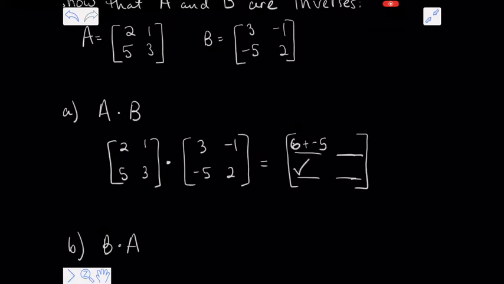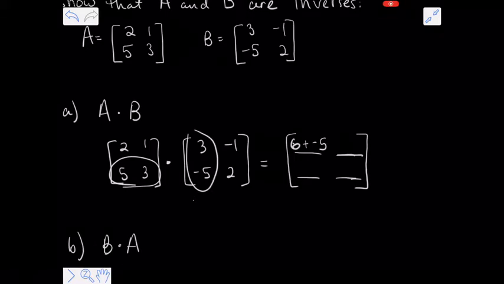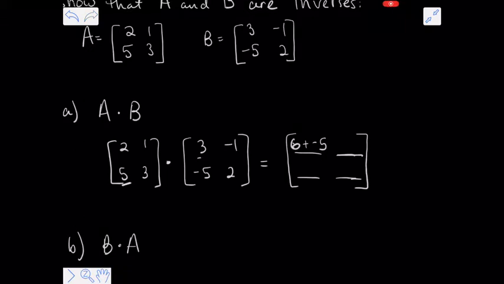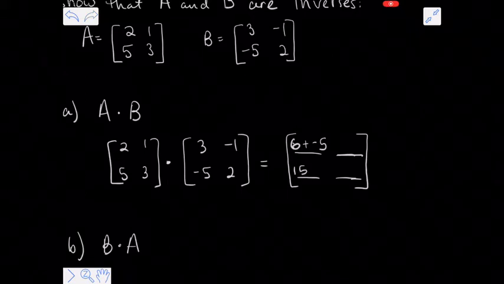Now, that entry right there is row 2, column 1, so I need row 2, and I need column 1. So row 2, column 1, first entry times first entry, that's 15. And then I move over the row down the column, 3 times negative 5 is negative 15.